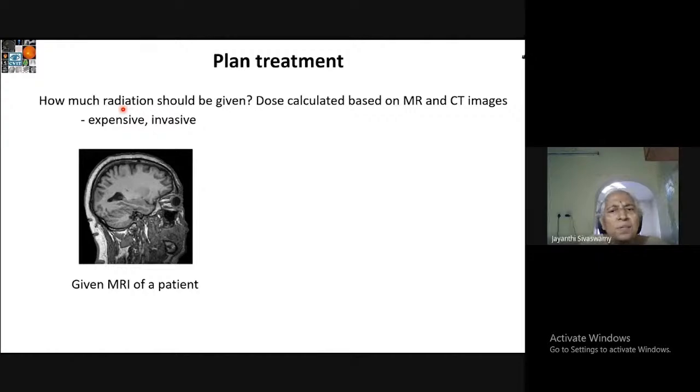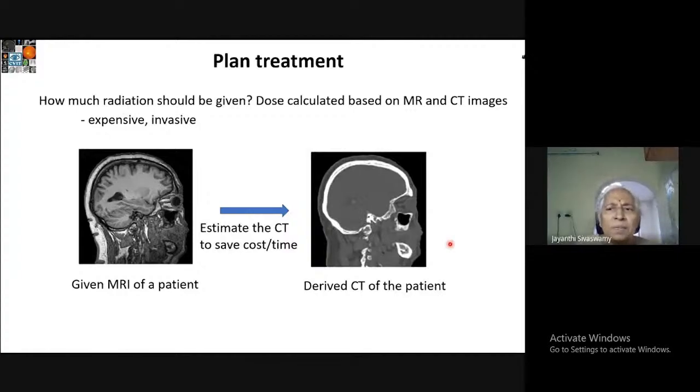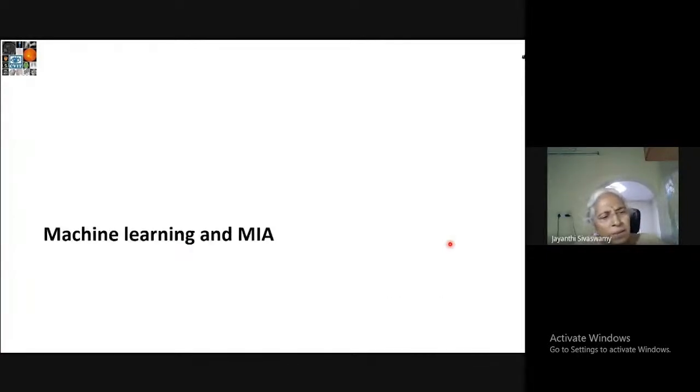So this is the computed CT, not the actual CT. And this will save time and money for the patient. So this is another example where image analysis can help. I already said this is an example where machine learning played a role. So let's look at machine learning a little more closely.